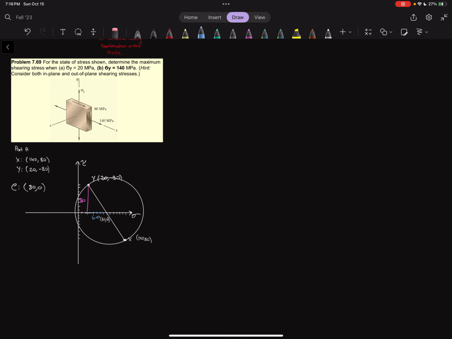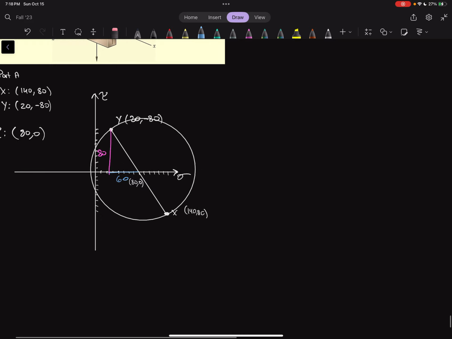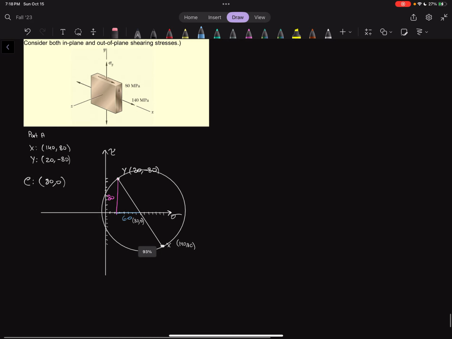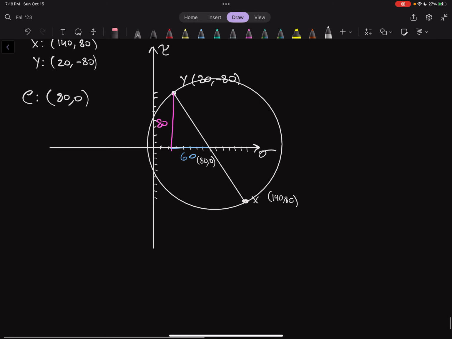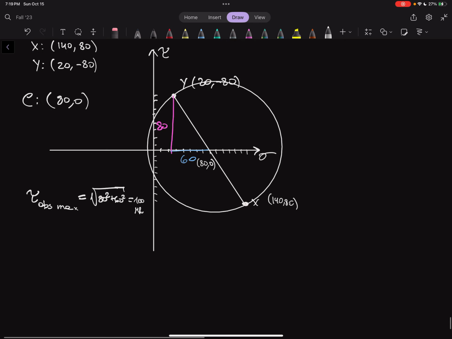Since sigma max and sigma min are on different sides of the tau axis, my radius is going to be tau max, and it's going to be the square root of 80 squared plus 60 squared, which is 100. And the units are megapascals.